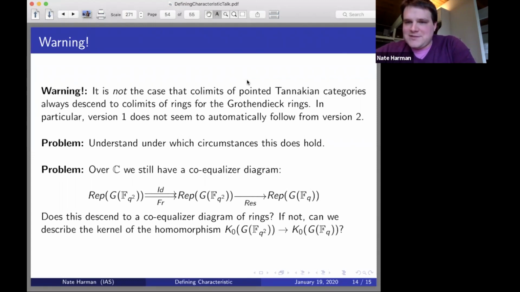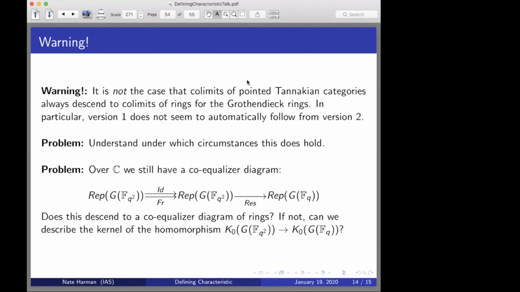I've been making this all up while I've been here at the IAS. So one of the things I would like to understand is whether we can use this perspective to get information about Ext, or even just about projective objects. It's not clear how that fits into this picture. Yeah, hopefully soon.